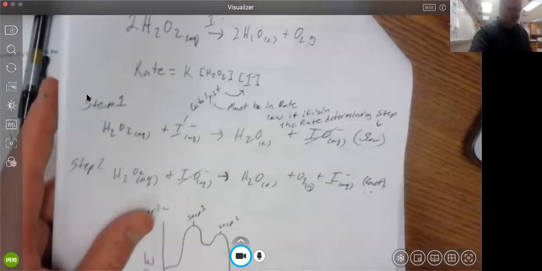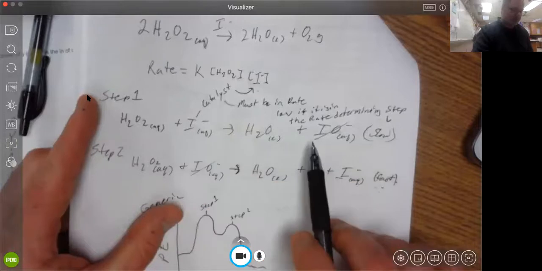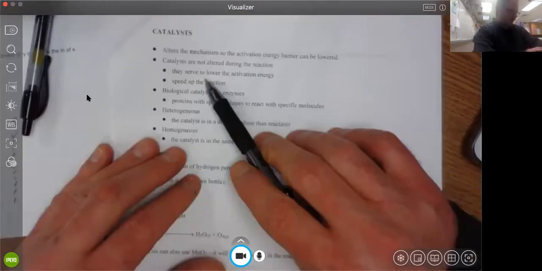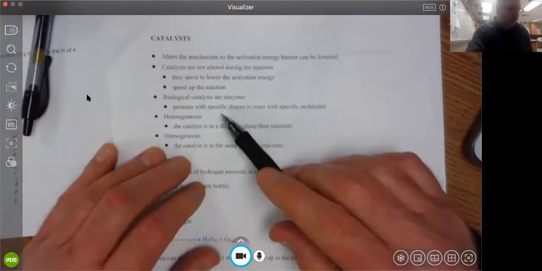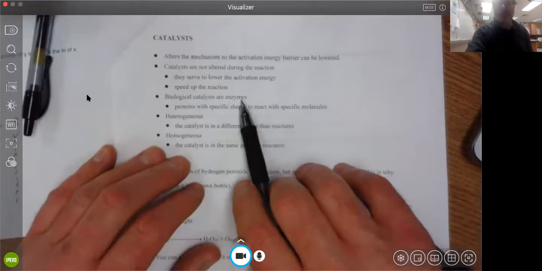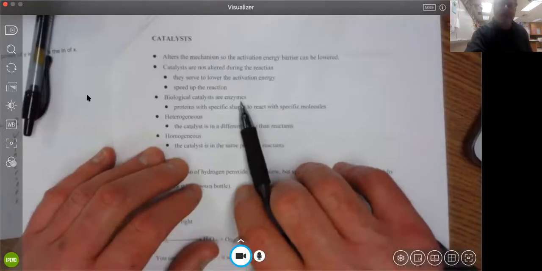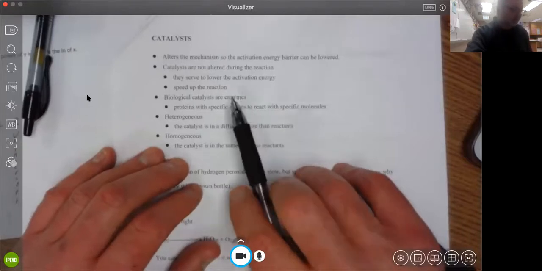As we saw, the catalyst was used up, the intermediate state goes away and the catalyst is reformed, lowering the activation energy and speeding up the reaction. Yeah, it's amylase in your saliva, or peroxidase in your cells that breaks down peroxide, or helicase. These are all enzymes.